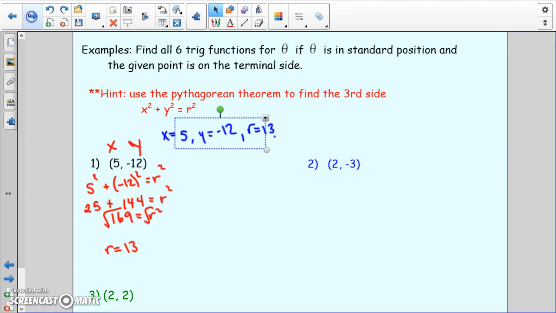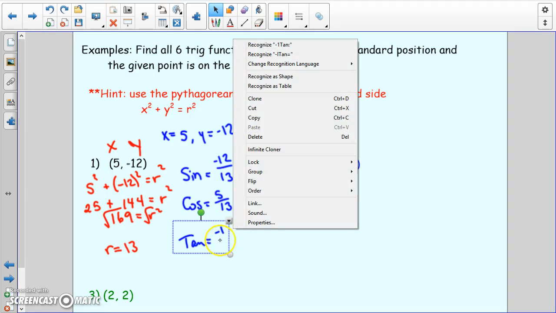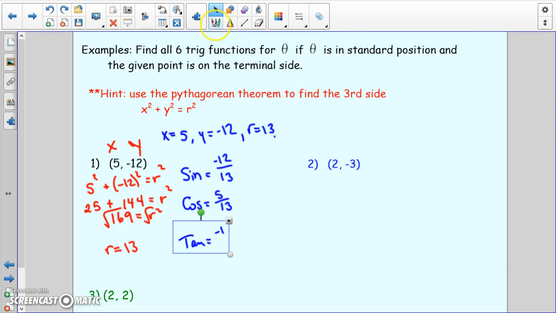So if I do my sine, okay, sine was y over r, so my fraction is just going to be negative 12 over 13. Cosine is x over r, so we would just write 5 over 13. And then if we do tangent, it's y over x, it's negative 12 over the 5.